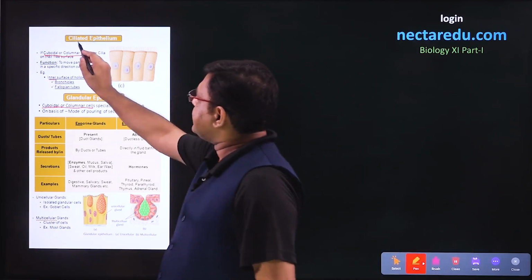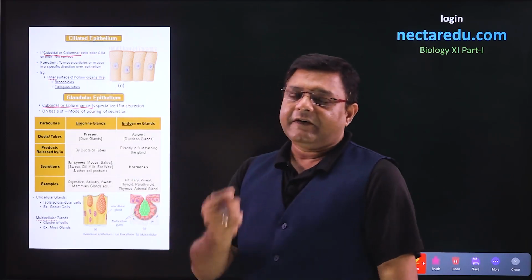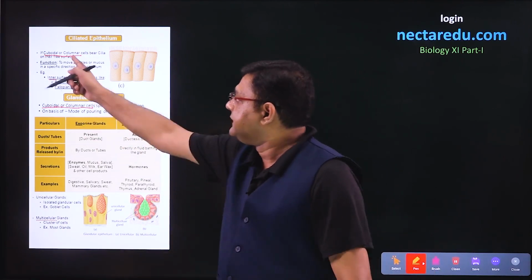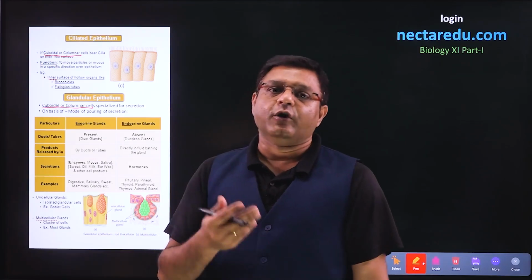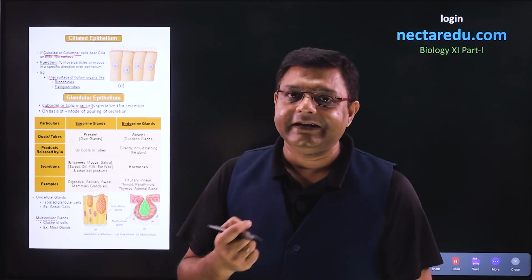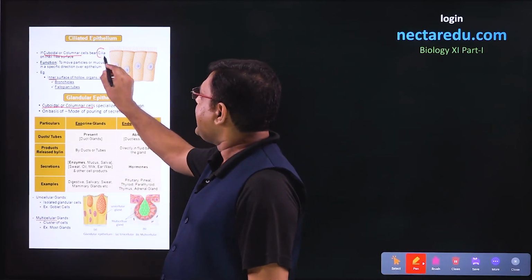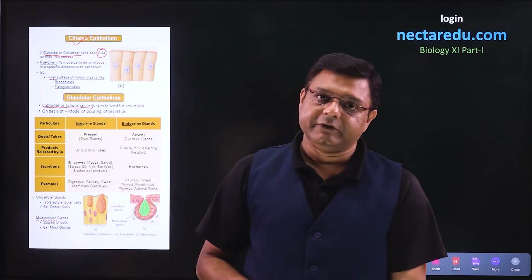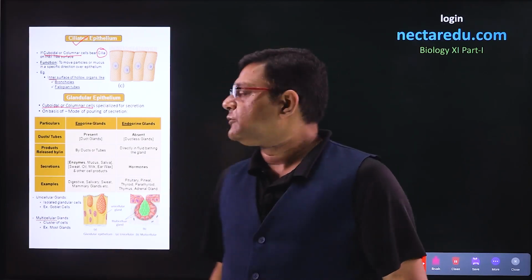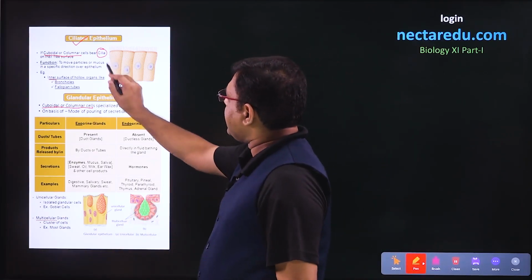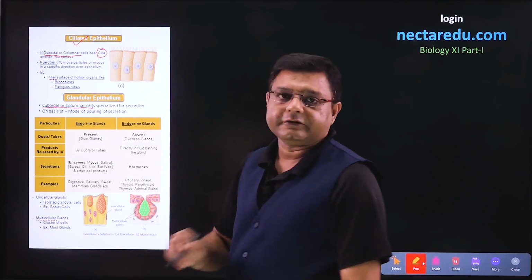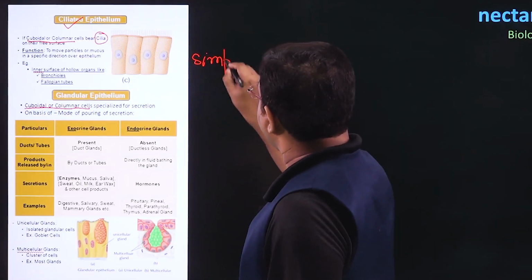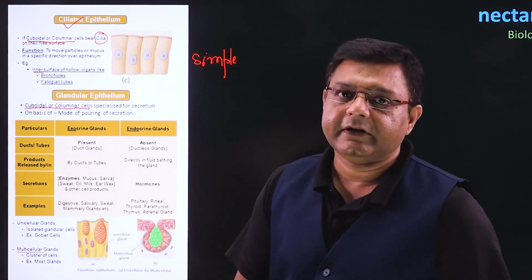Now, talking of the ciliated epithelium, if small hair-like projections are present on the surface of these cells, those small hair-like projections are called cilia, and if cilia is present on the surface, then we can call it ciliated epithelium. Let us see in this particular diagram. Here, initially, a single layer is present. If a single layer is present, it will be an example of simple epithelium.